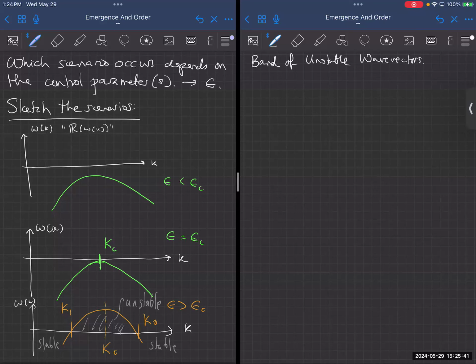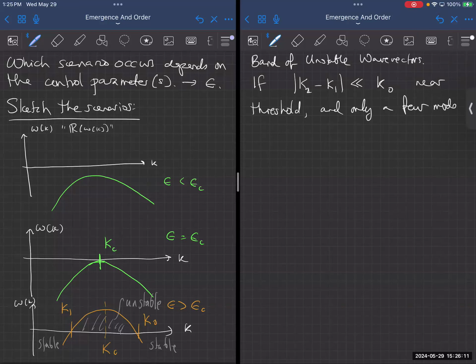Okay, if the size of this band, K2 minus K1, is much less than K0, then that means that we are near threshold, and only a few modes are unstable.